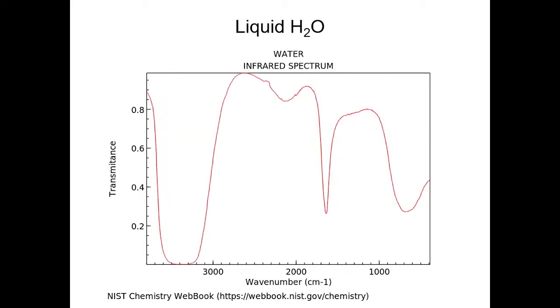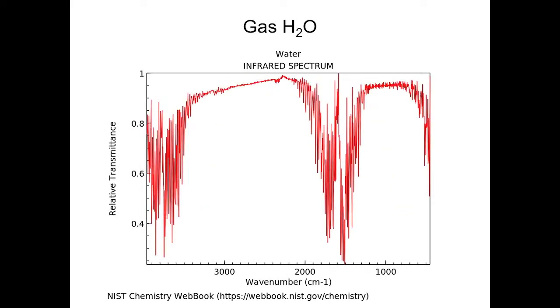But I just want to point out that we initially looked at liquid water, and if water is in the gas phase, then the spectrum here looks insane compared to that if you don't understand where all of these tiny little peaks are coming from.